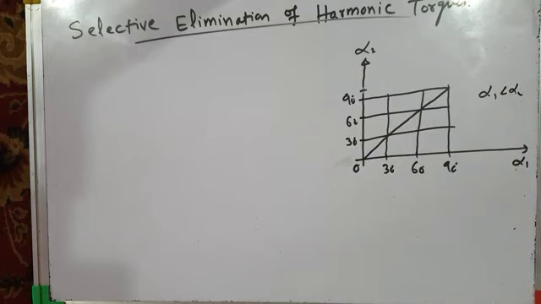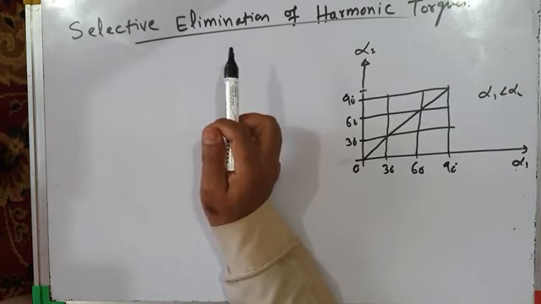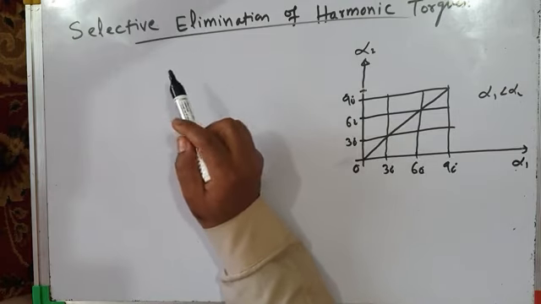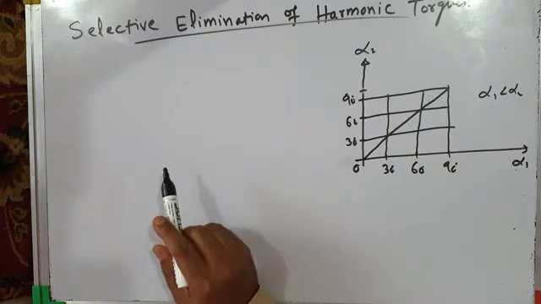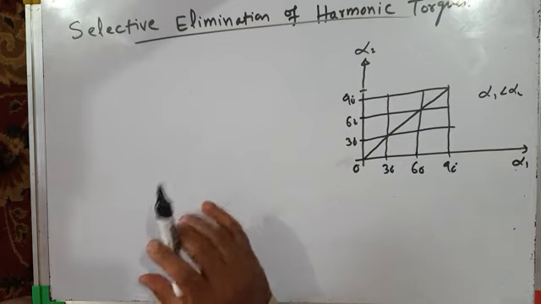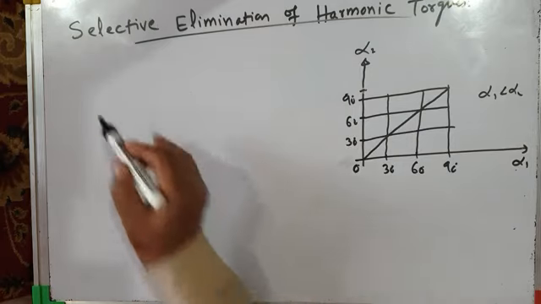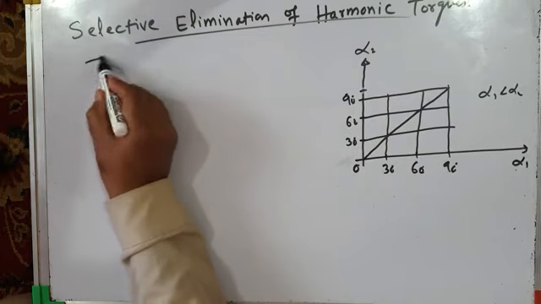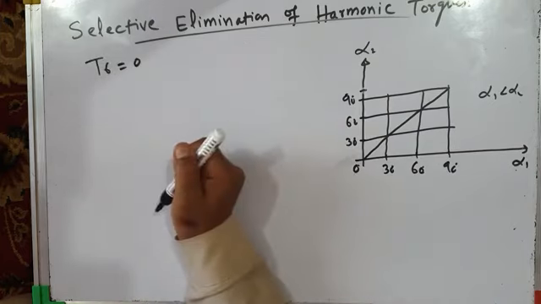Okay. Now, our aim is not selective elimination of harmonics in the voltages, but selective elimination of harmonic torques, which are troublesome in induction motor drives, especially in high power induction motor drives. And we already know, if you remember, let us suppose our aim is to make T6 equal to 0. So sixth harmonic torque equal to 0.